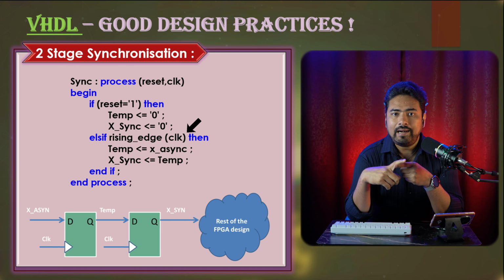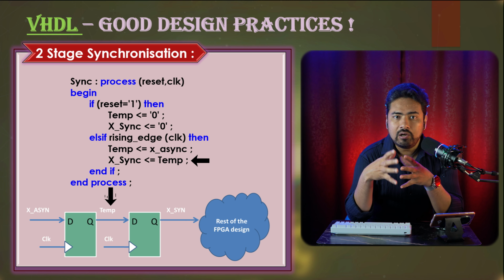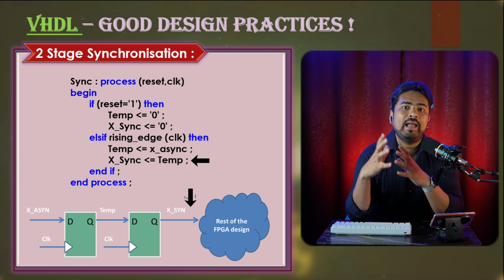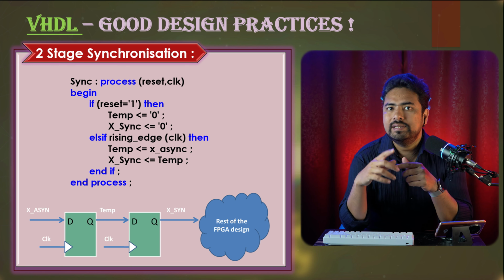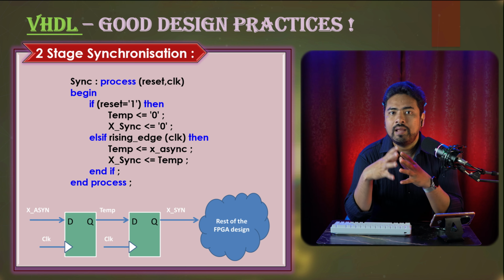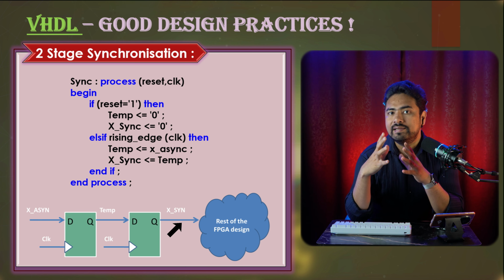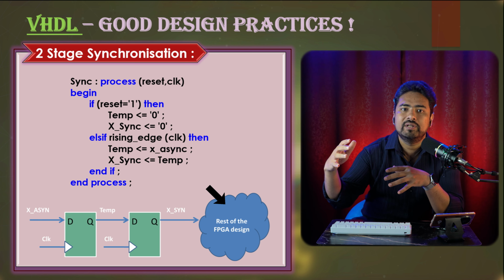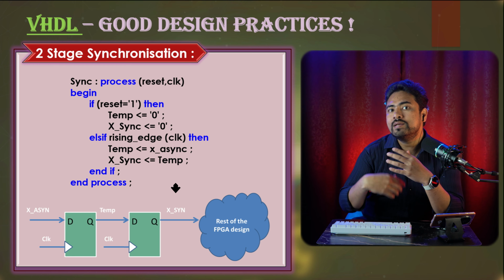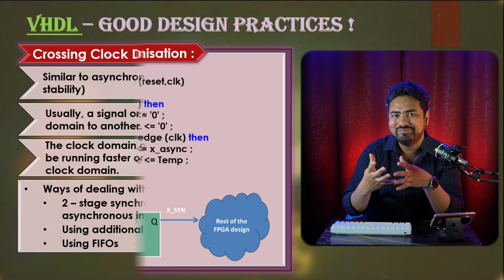Now at the second rising edge, this temp signal will pass through to the second flip-flop and you will get the xsync output. So this xsync signal is now synchronized with our system clock, and now you can use this signal as an input for the rest of your design. It means you turn your asynchronous input into a synchronized input.